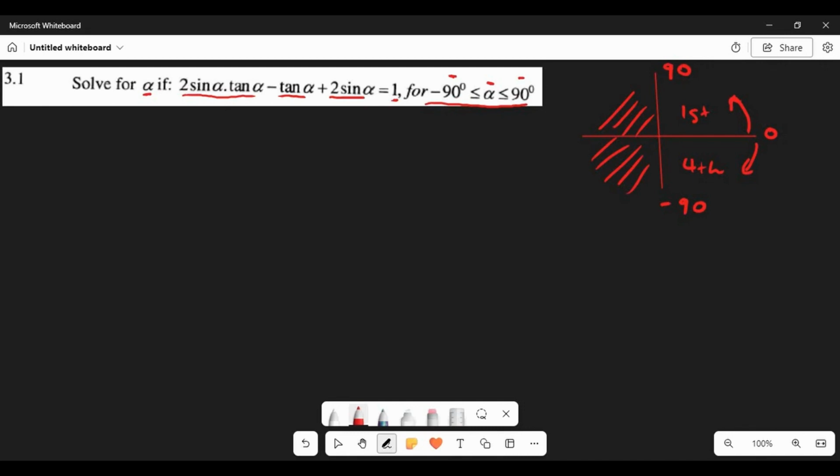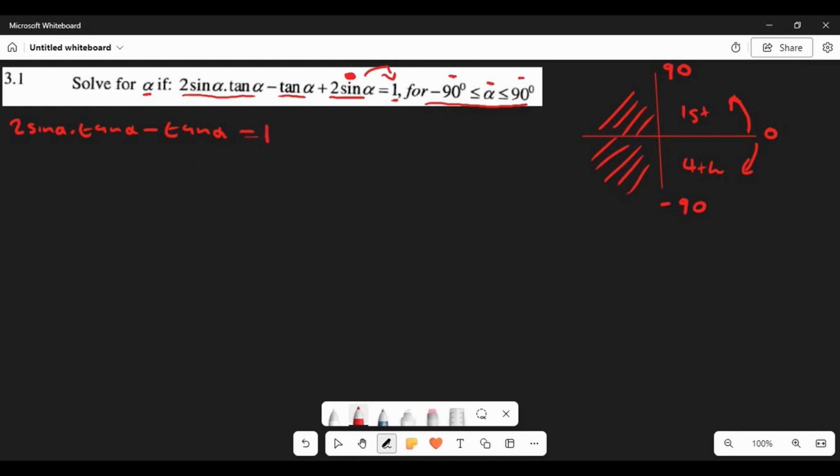Now, when I look at this expression, first of all, I will have to take this 2 sine alpha to the right hand side in order to solve this. So let's solve this problem. I'm just going to rewrite 2 sine alpha multiplied by tan alpha minus tan alpha. Now we're going to take this 2 sine alpha to the right hand side.